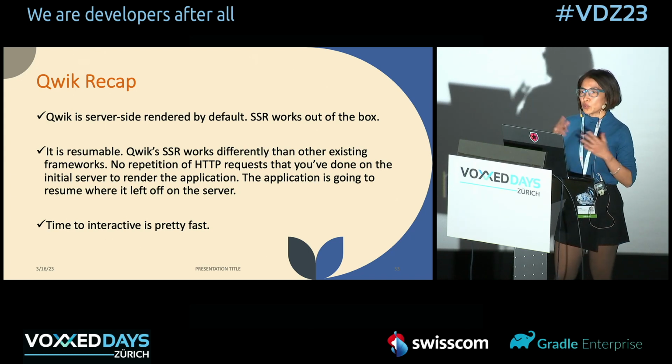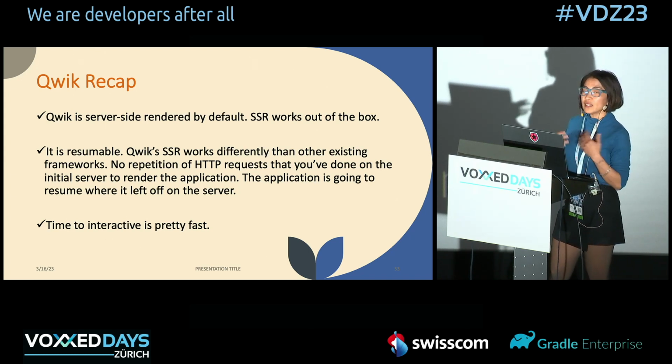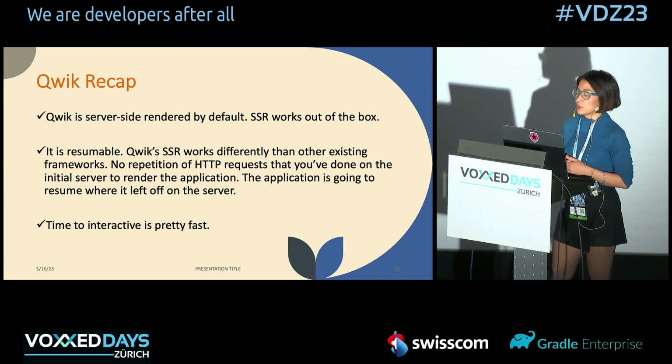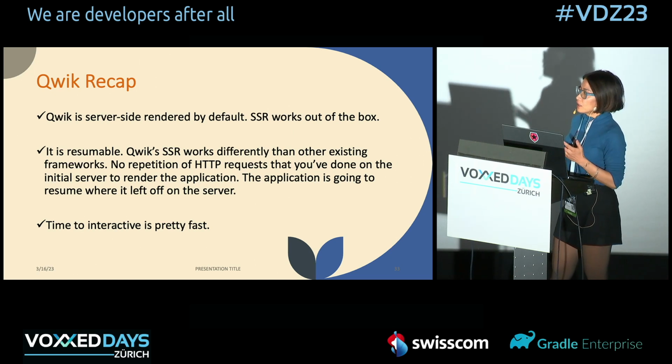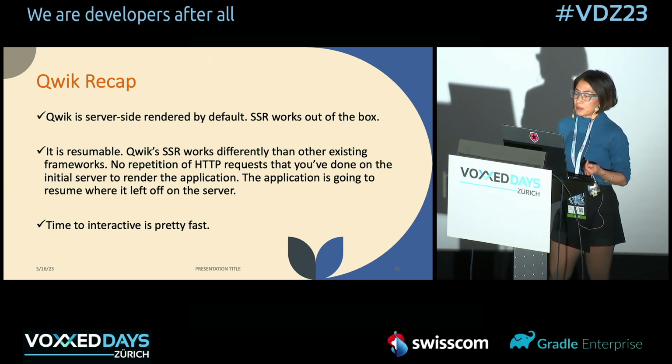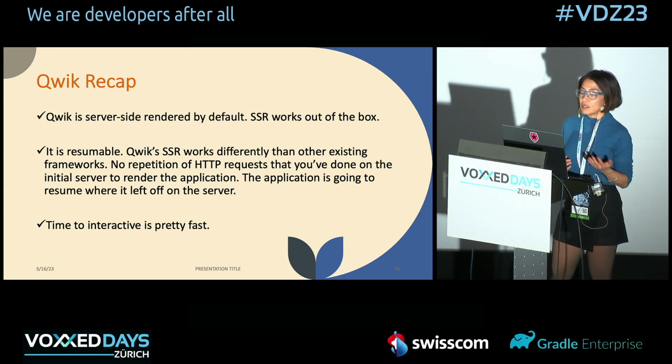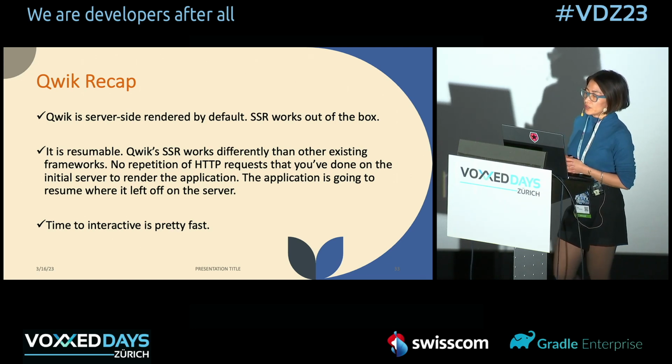Qwik automatically transfers any state it needs from the server application. Qwik is going to take the data inside your stores and serialize it onto the page, and only when it's needed.